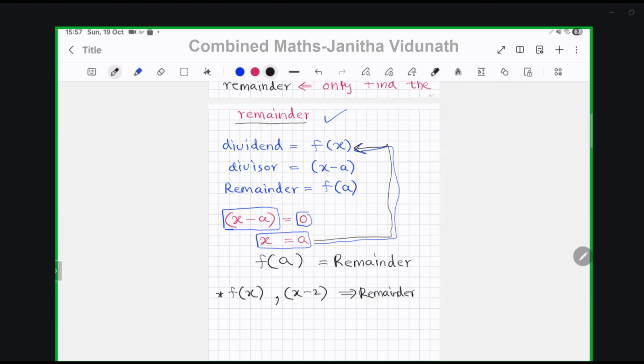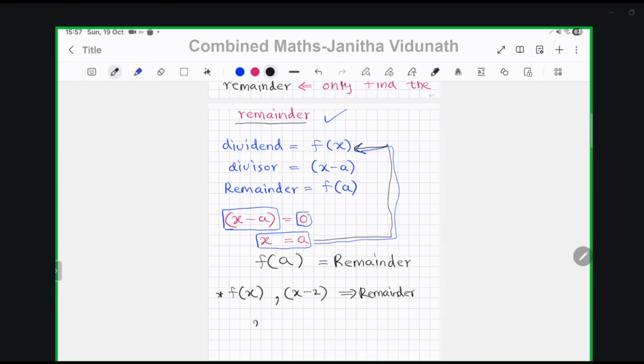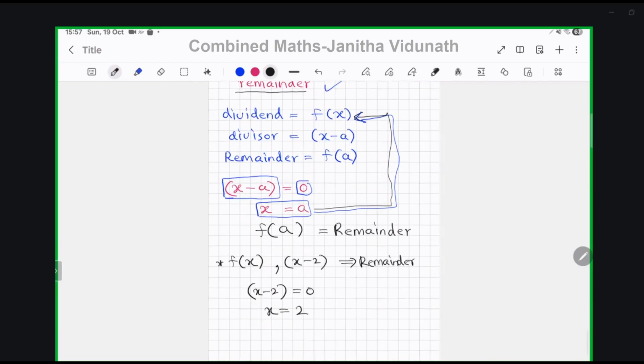The way to find the remainder is we set our x minus 2 to 0 and find the value, x equal to 2. That means we set our divisor to 0 and find the value for the variable.